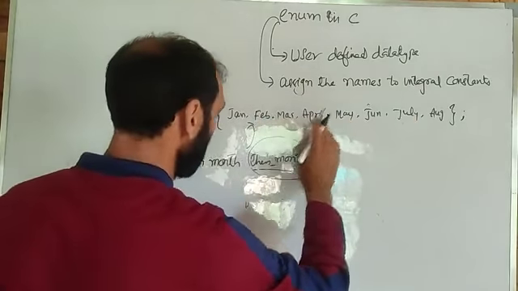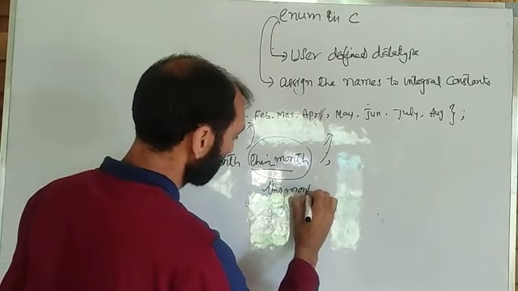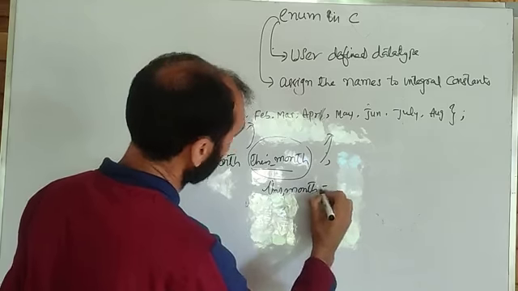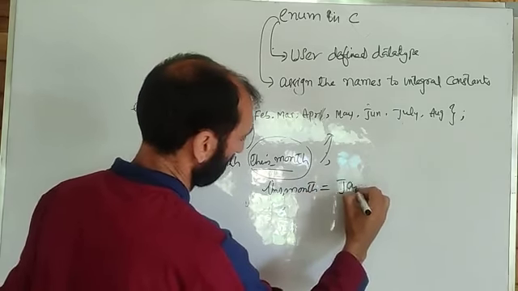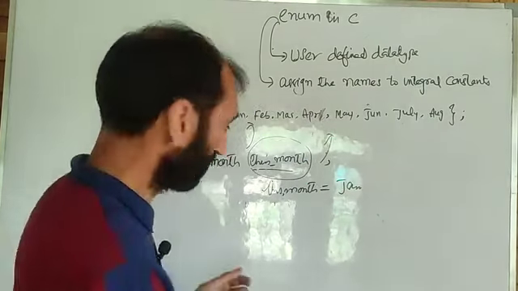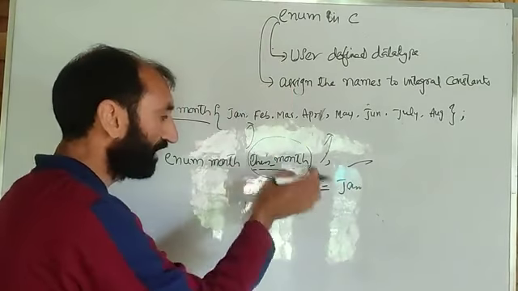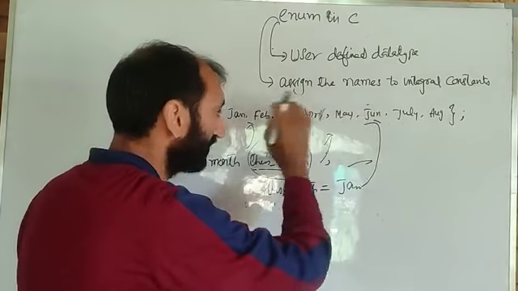January, February, March, April. For example, if we initialize this month equal to Jan, and later I assign this month equal to Jan, it is correct. Now it can take any possible values from these.